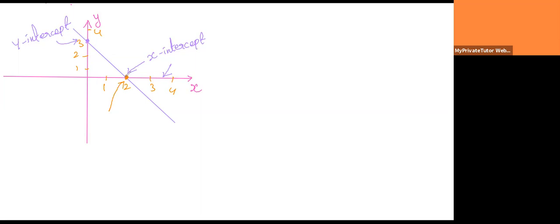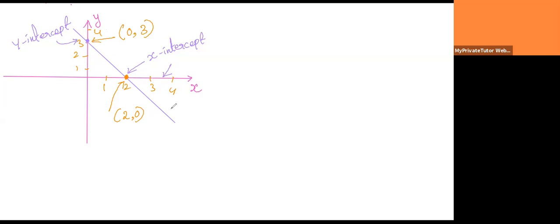This point is not only 2, this point is 2, 0. So x-intercept is 2, 0. And y-intercept would be 0, 3. Just have a look at that, 0, 3.